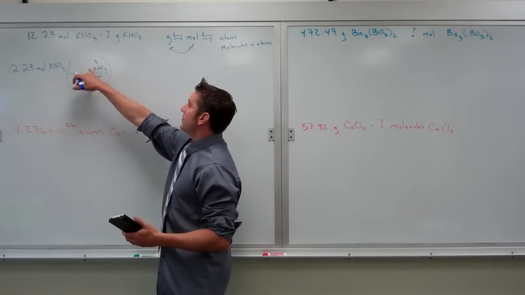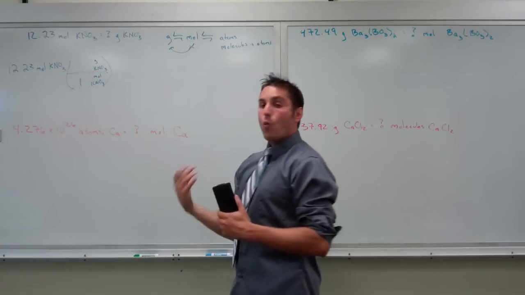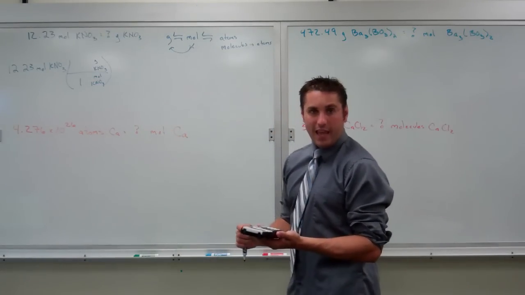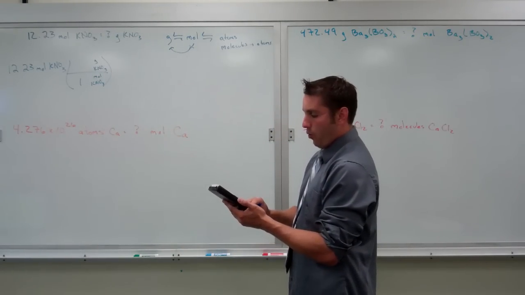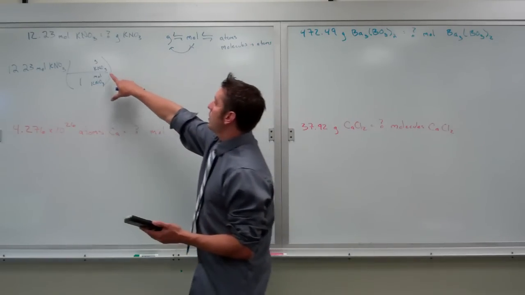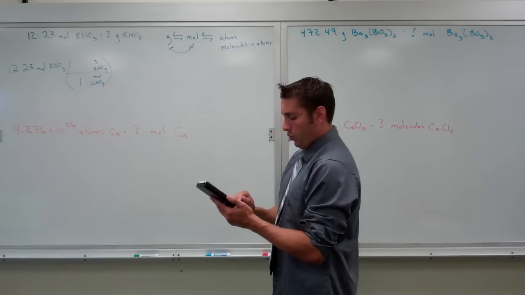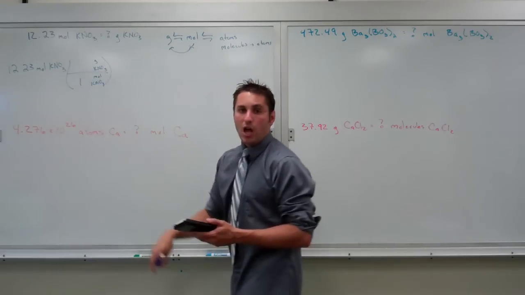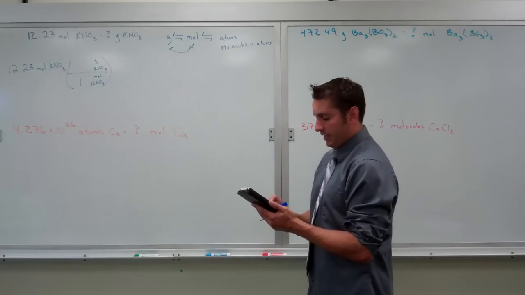So to get the grams of KNO3 in 1 mole, we have to add those up off the table. So we're going to take 1 K, which is 39.10, plus 1 N, which is 14.01, plus 3 times oxygen, which will be 3 times 16.